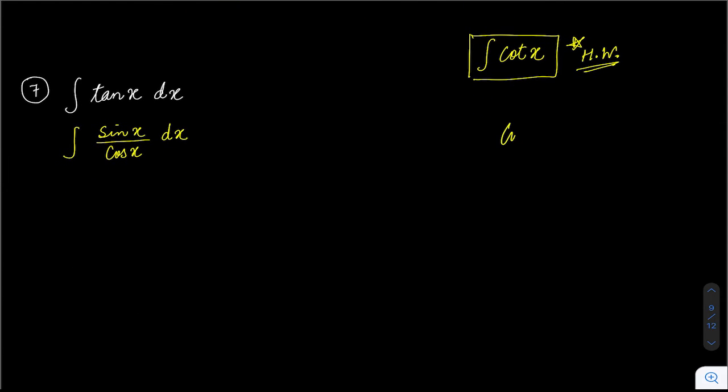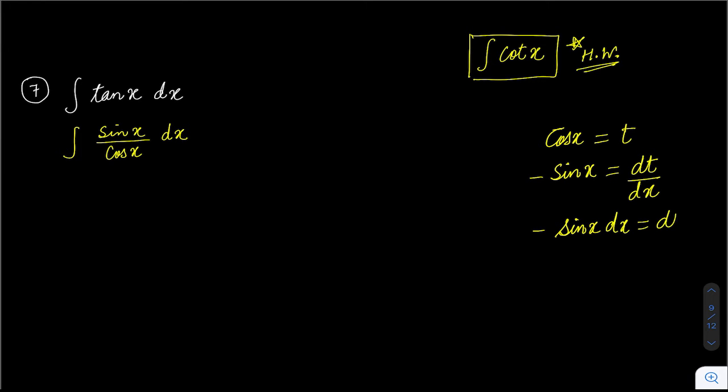cos x as t. We will take the substitution of cos x as t. So if cos x is t, then minus sin x equals dt over dx. So this gives us minus sin x dx equals dt.